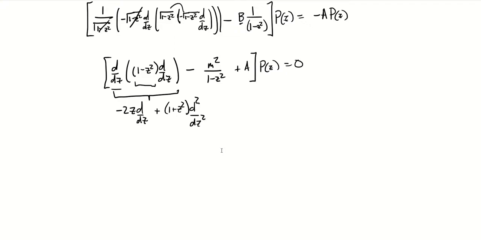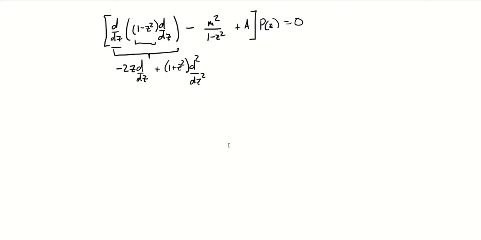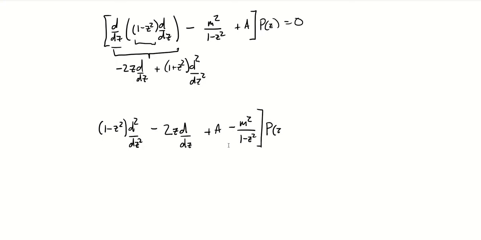So putting that all together gives us our final differential equation, which is (1 minus z squared) d squared/dz squared minus 2z d/dz plus (a minus m squared over 1 minus z squared), all operating on our z function, equals 0.